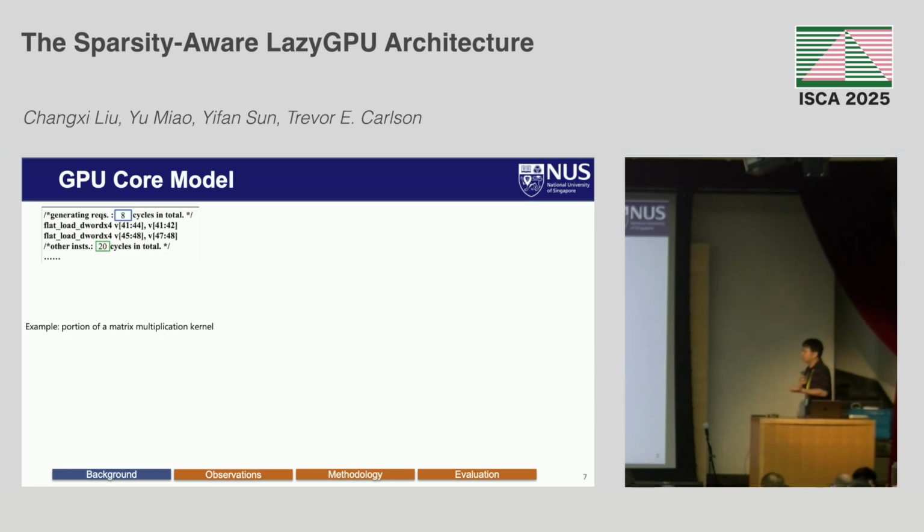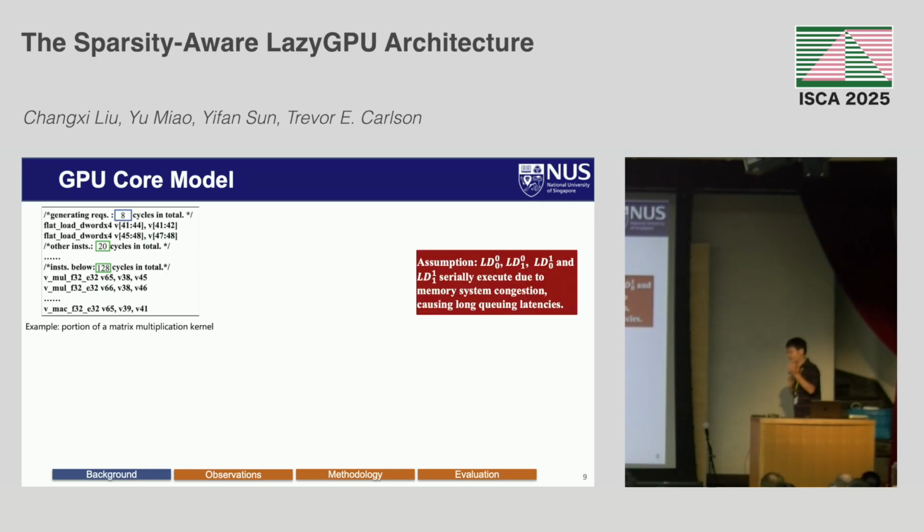Then we execute some independent instructions to try to cover the latency of the memory requests. But since we can't do that forever, finally we still need some ALU instructions that depend on these memory requests. Let's assume that all the memory requests conflict with each other, for example by bank conflicts, MSHR busy, or other causes.